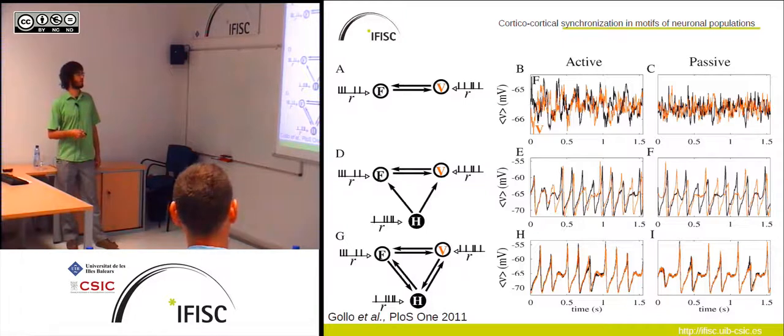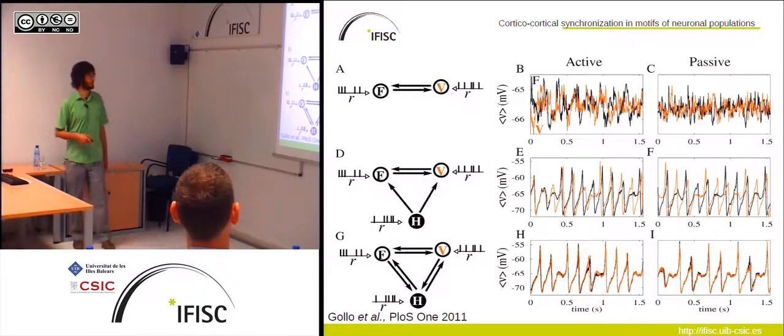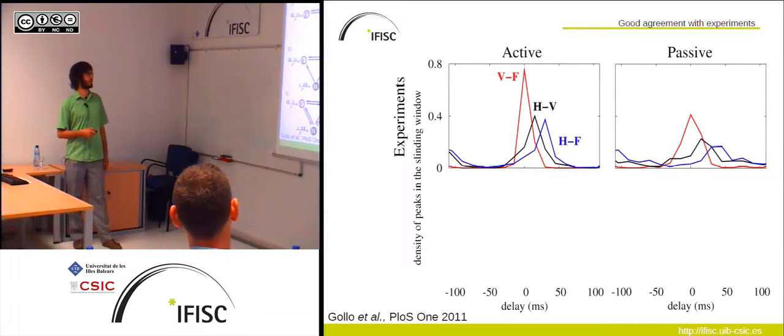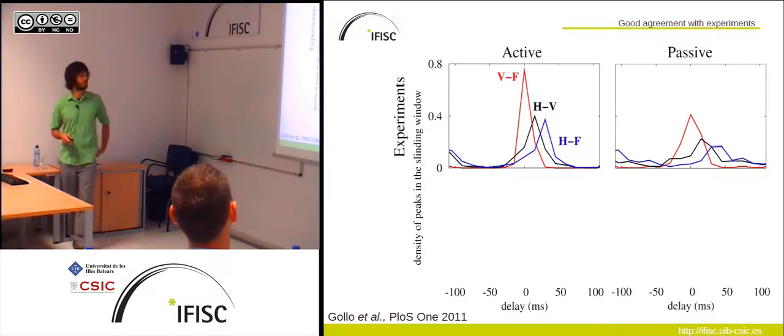The synchronization between the two cortical areas only occurs if there is input and feedback from the mediator. In the other case, the two cortical areas do not synchronize. So it's important to have the input and the feedback from the hippocampus to generate a synchronization of the two cortical areas in the theta band.